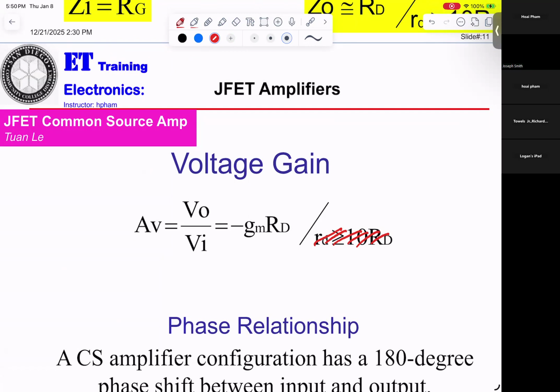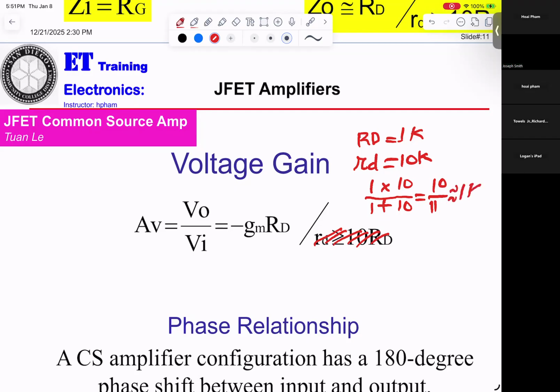Very simple thing. If you get RD 1K and R small d 10K, if they're in parallel, then you get 1 times 10 divided by 1 plus 10, which is 10 divided by 11. So that's very close to 1K.